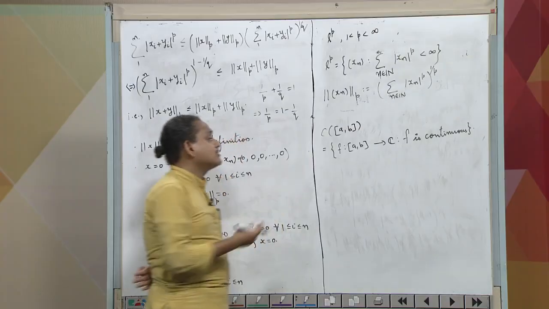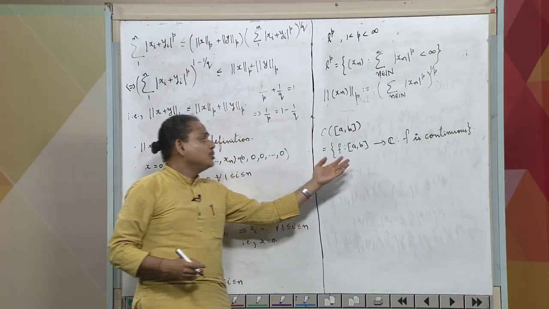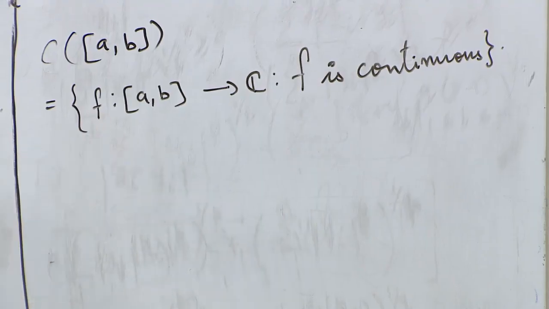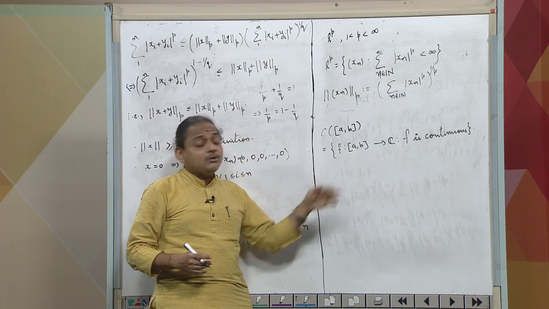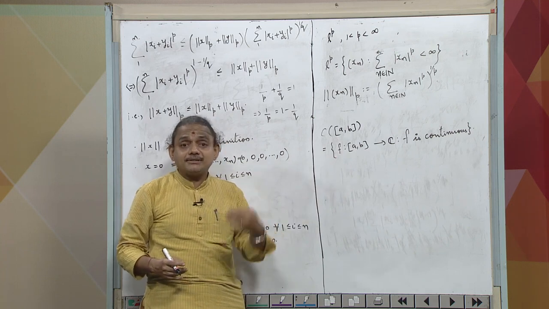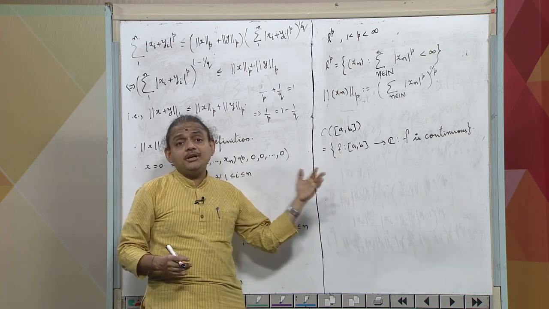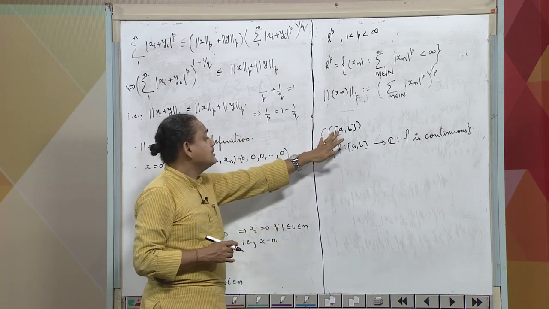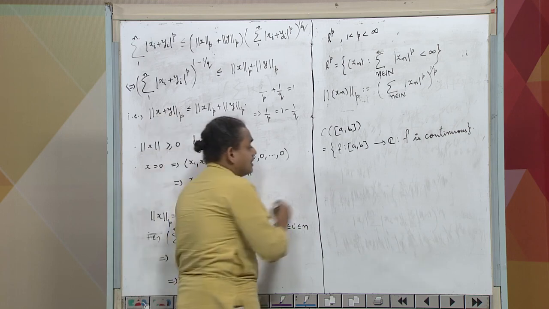Your basic calculus must inform you that if you have two continuous functions, then their sum is also continuous, and if you multiply a continuous function by a scalar, it is still a continuous function. Therefore, C[a,b] is a vector space.